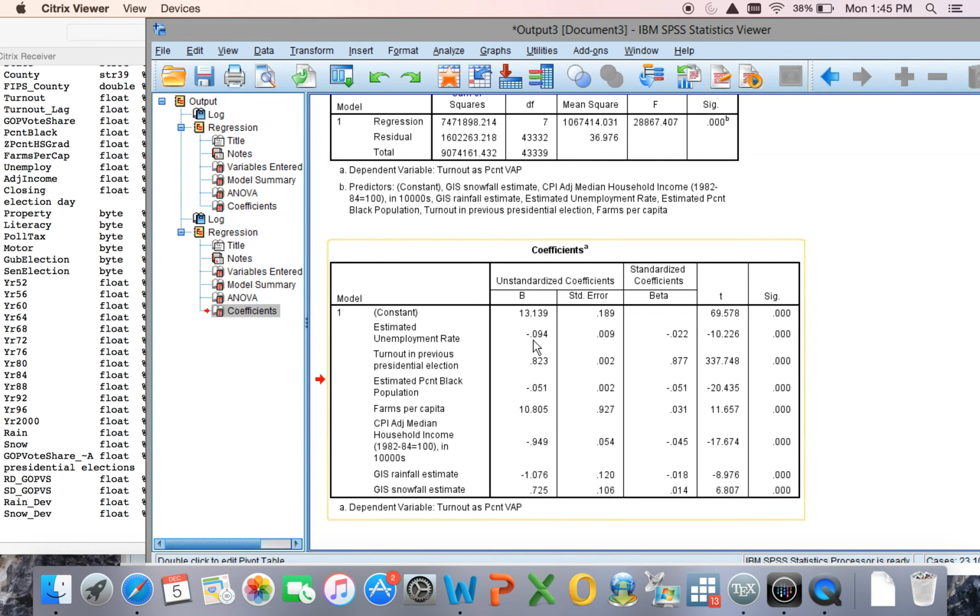So if you were to only include the one variable, unemployment rate, you would incorrectly estimate its effect on turnout. By adding the other variables, we are taking into consideration all of our other independent variables, and then we get the independent effect of unemployment rate. And in this case, a better estimate is a 0.094 unit decrease in turnout.